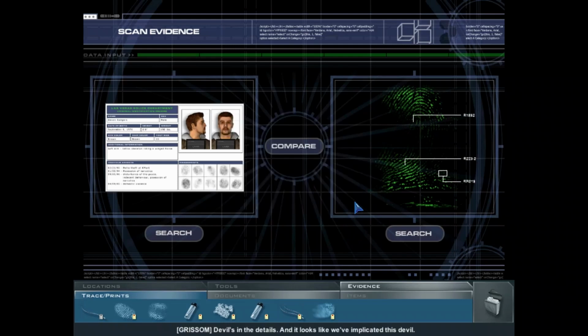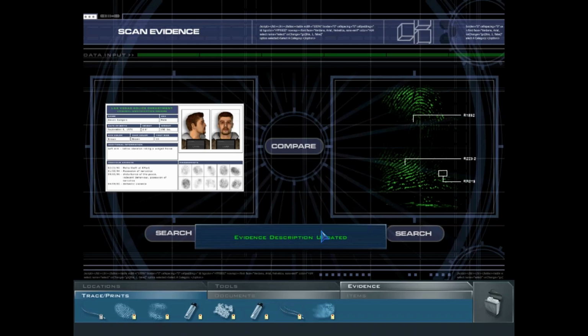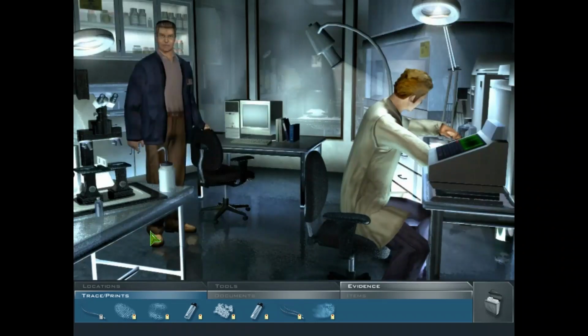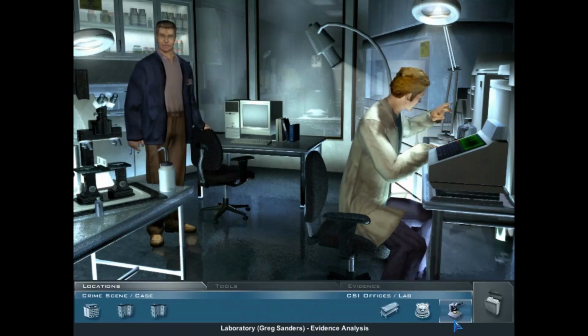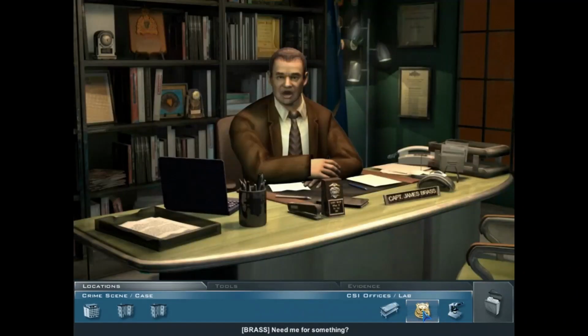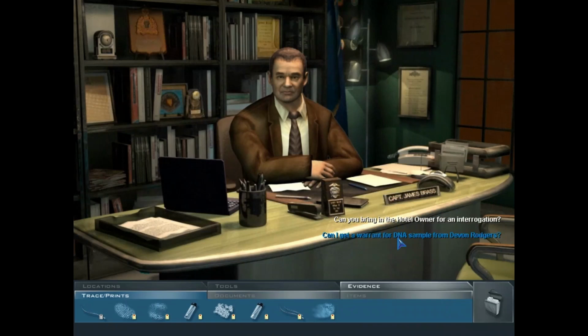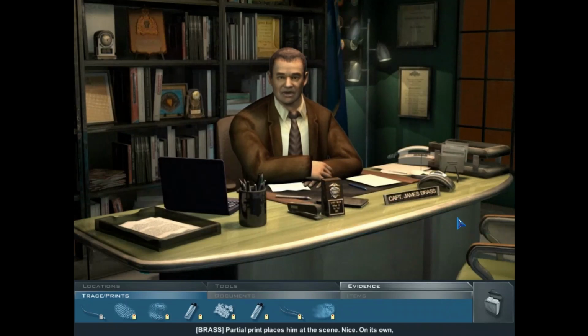The devil's in the details, and it looks like we've implicated this devil. Need me for something? Partial print places him at the scene.